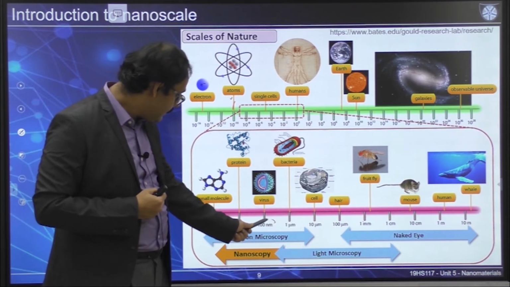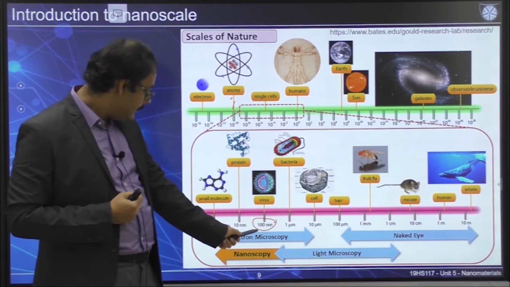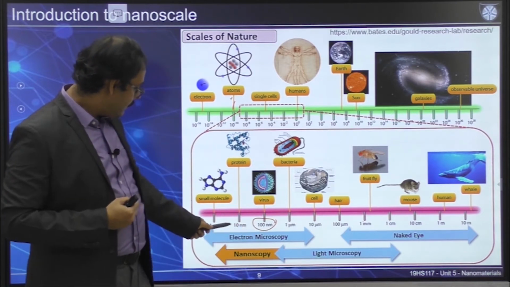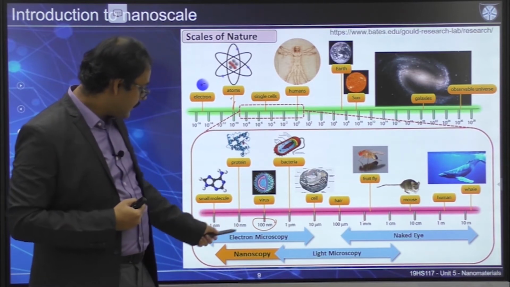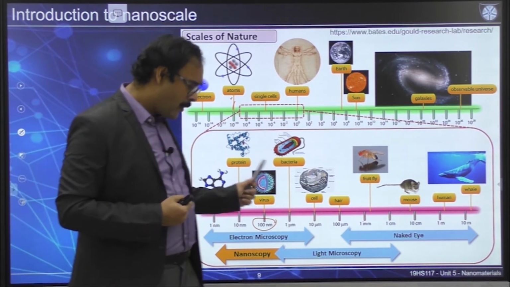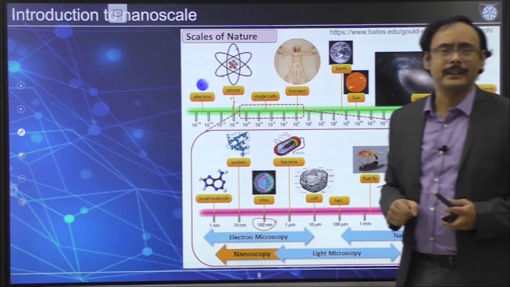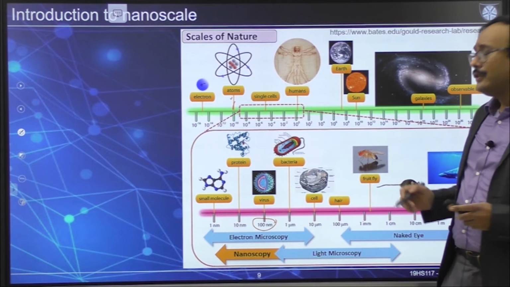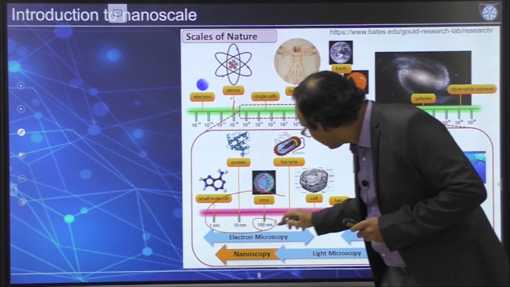So now, slowly from micron, we are going into nanometer. And then protein molecules are around 10 nanometer, and some small molecules like glucose have around 1 nanometer. So basically, when we talk about nanometer, we are talking about this particular scale.